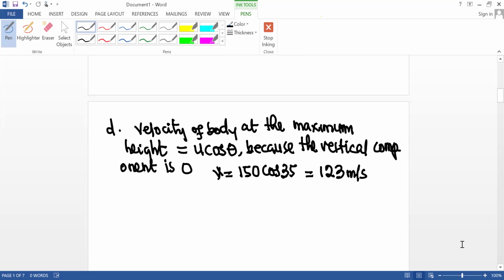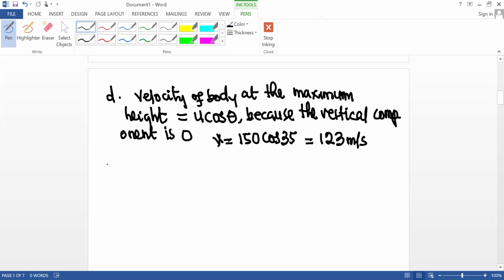Then the maximum height reached. We can determine this using two different ways. One, at the maximum height, because final velocity is equal to 0, maximum height can be (u sine theta) squared over 2g.